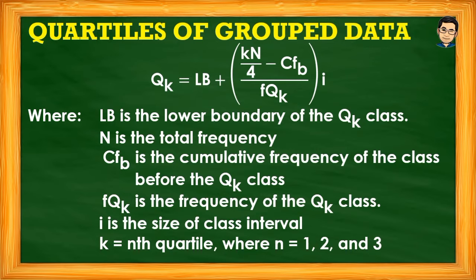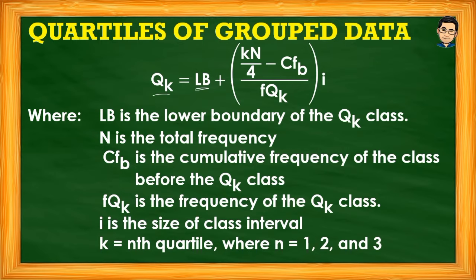So Q sub K, that is quartiles of course. Then LB, it is the lower boundary of the Q sub K class. Dun sa video lesson natin sa constructing frequency distribution table, ang ginagawa lang po natin is nagsusubtract tayo ng 0.5 dun sa lower class limit.